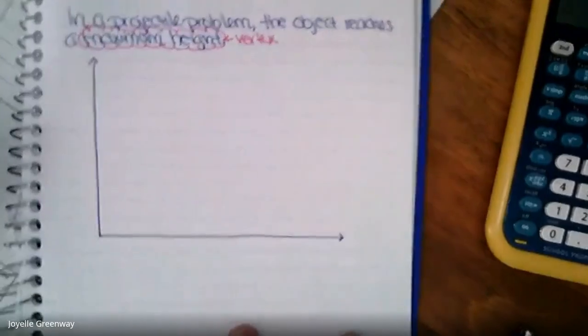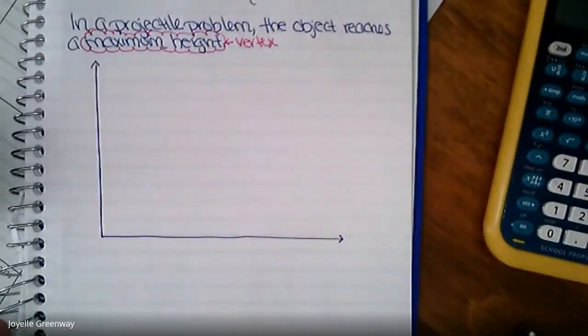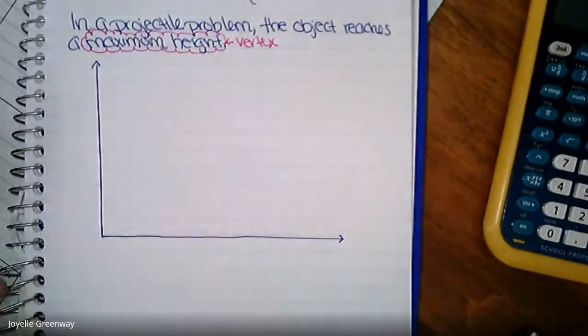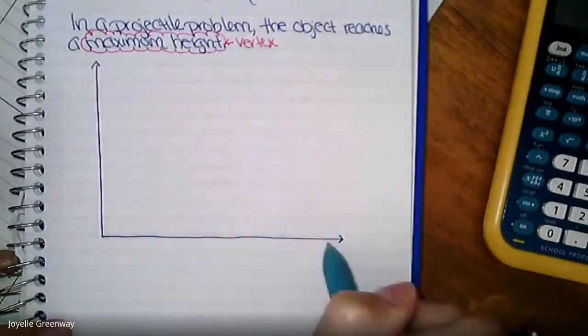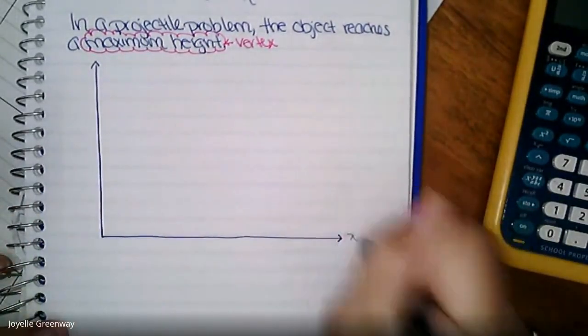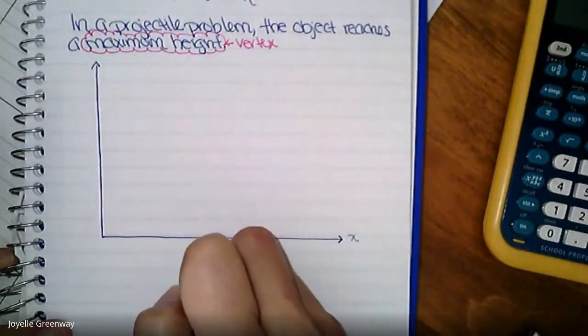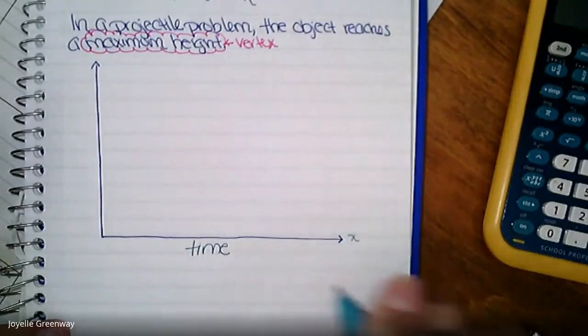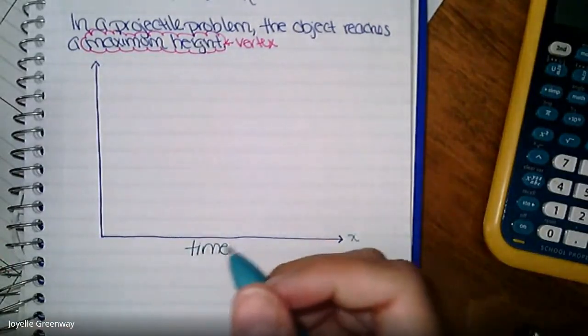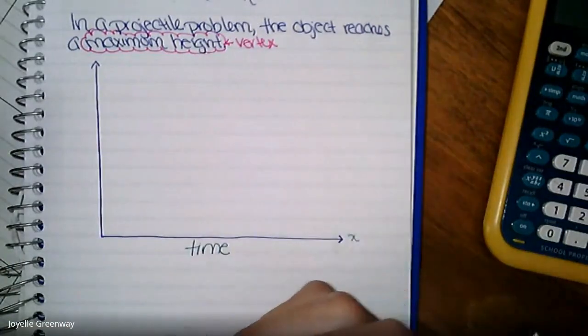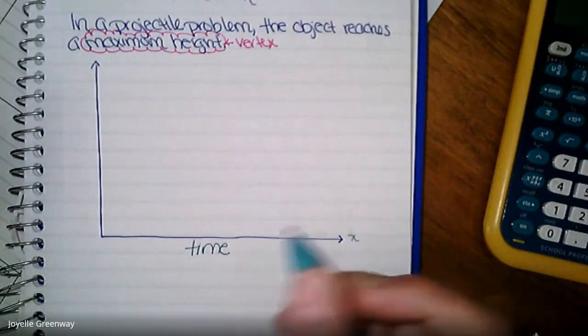So if you have your coordinate plane here, and this is your x-axis, we are usually looking at time, and you have to be aware of whether it's talking about seconds.